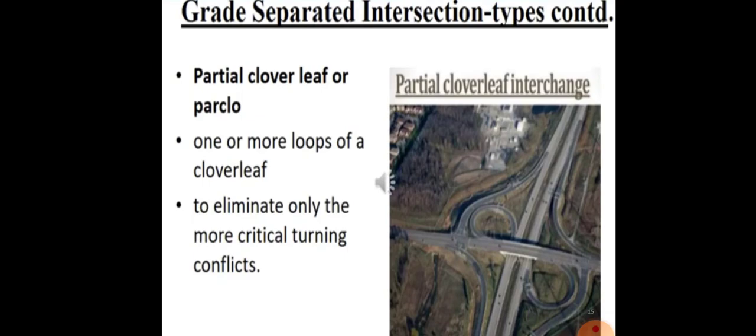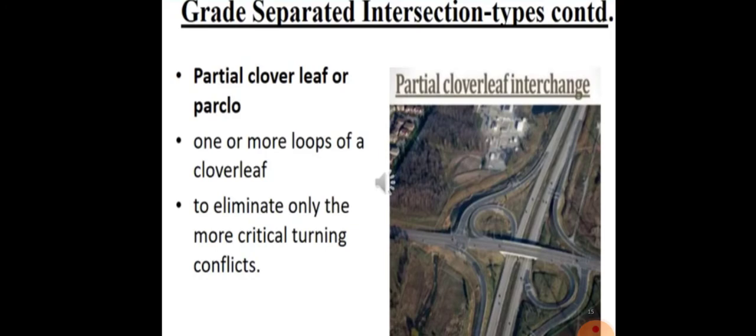Now coming to the next type of grade separated intersection, that is the partial cloverleaf interchange. In the case of partial cloverleaf, this is actually a slight modification of the earlier one, and here one or more loops of a clover leaf will be there. It is also called a par-clo, from the words partial clover leaf.